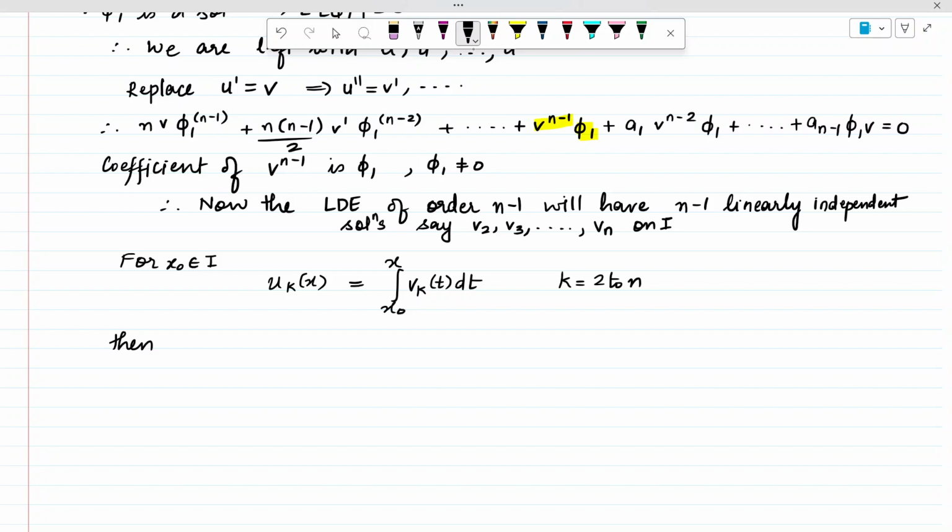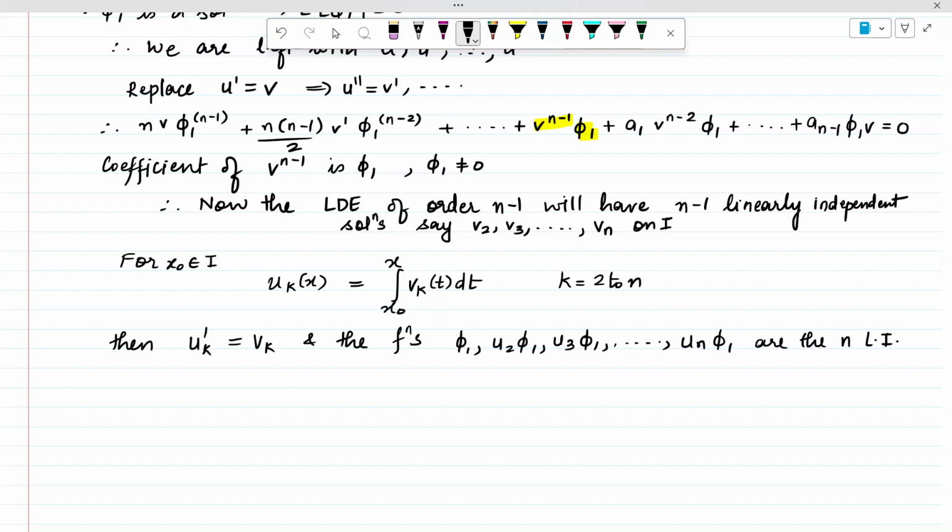So then I can claim uk dash is vk, okay? And the functions phi 1, u2 times phi 1, u3 times phi 1, and un times phi 1 are the n linearly independent solutions of L of y equal to 0.